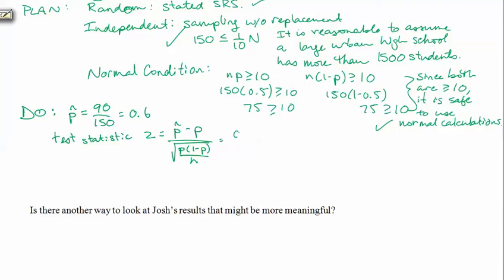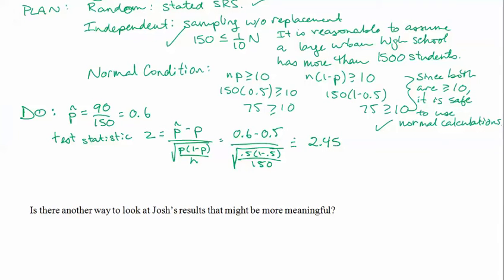So 0.6 minus 0.5 over the square root of 0.5 times 1 minus 0.5 over 150. And so we get a z value of approximately 2.45.